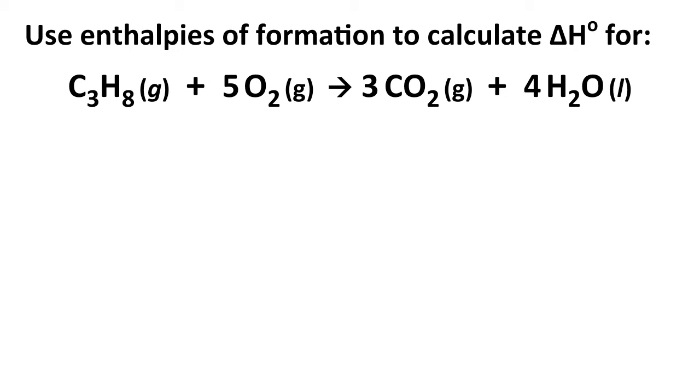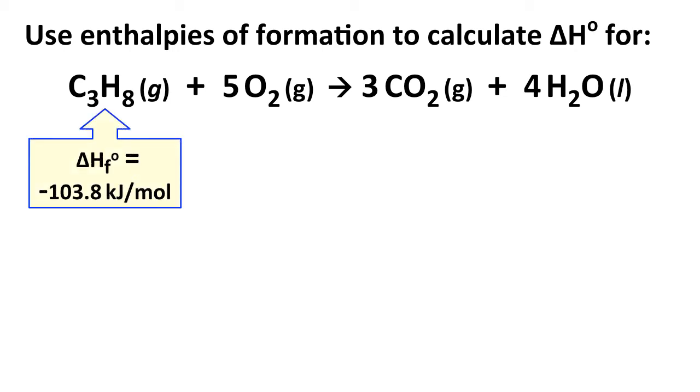This is pretty easy to see via an example, so let's use enthalpies of formation to calculate the delta H of reaction for the combustion of propane. Propane reacts with oxygen to make CO2 and H2O. How do we do this? First of all, we go to the table and look up the delta H of formation values. Delta H of formation for propane is negative 103.8 kilojoules to form 1 mole.